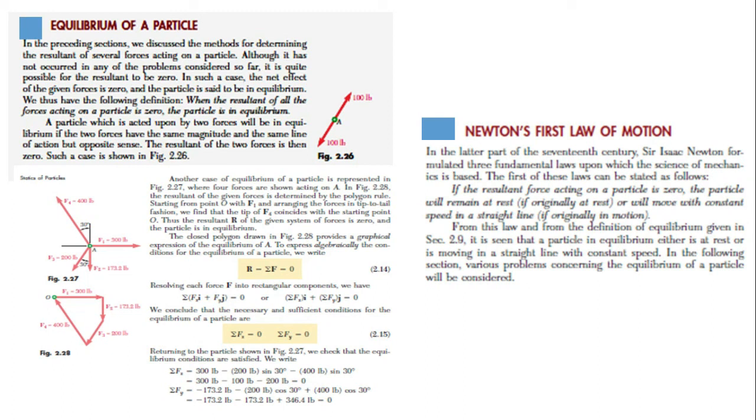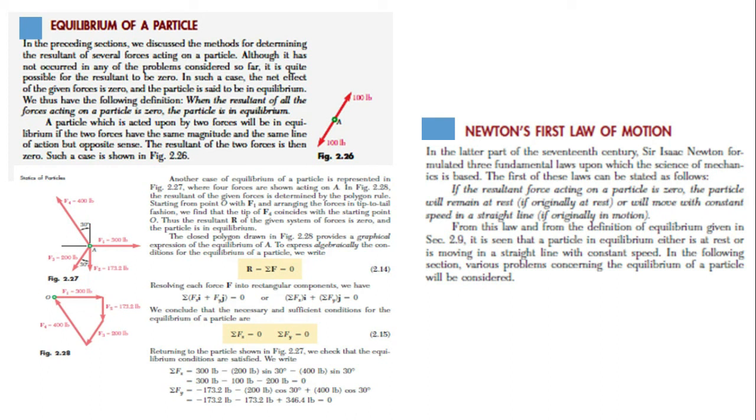One is 100 pounds, the other is also 100 pounds. And remember, it is not on the x-axis, nor on the y-axis, but still, the 100 pound forces cancel out their effects, and it is in equilibrium.